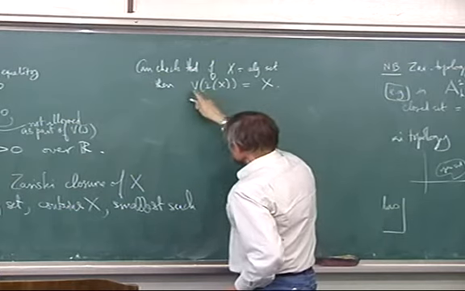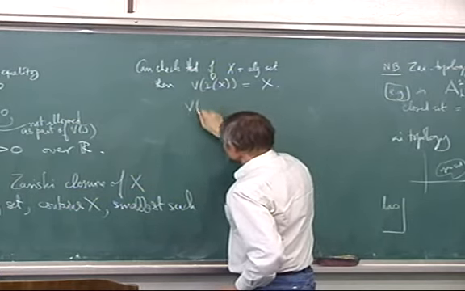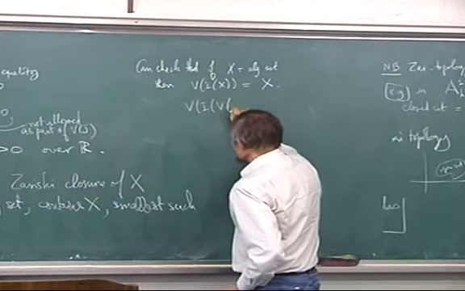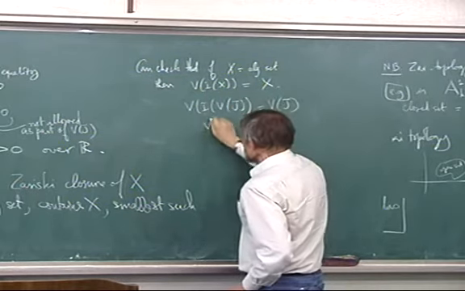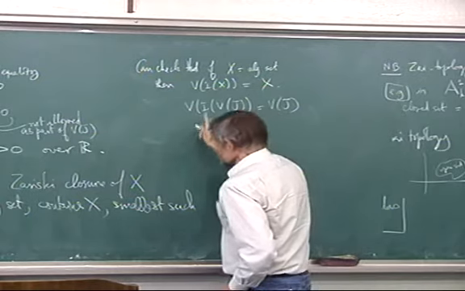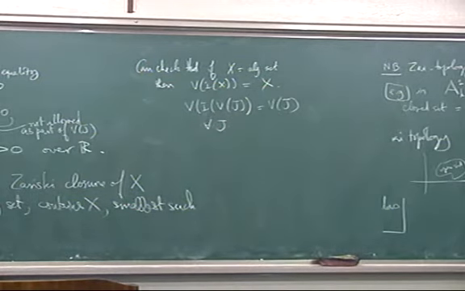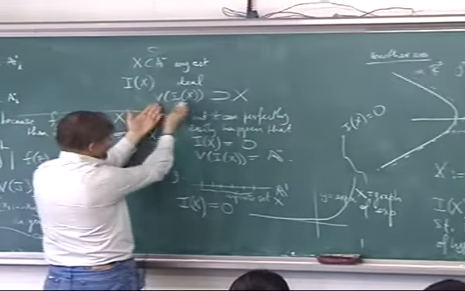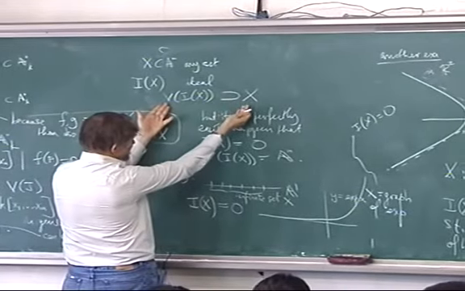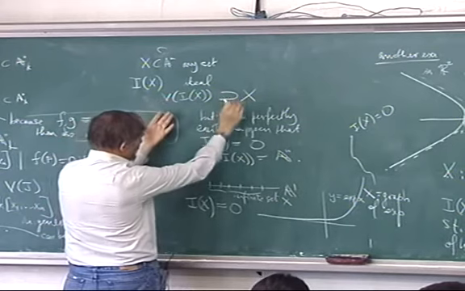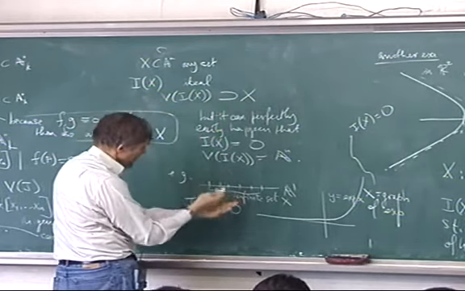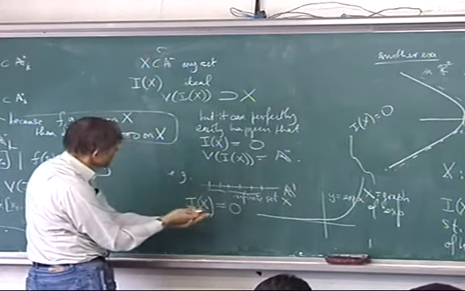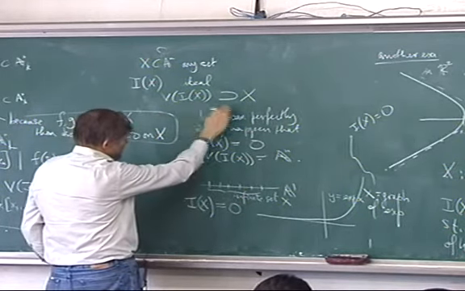Another way of saying this is that V of I of V of J equals V of J, and this is for all J. I'm not saying anything difficult. I'm only saying here, we know that V of I of x certainly contains x. On the other hand, if x were an algebraic set, then it's defined by some polynomials, by some ideal of polynomials.